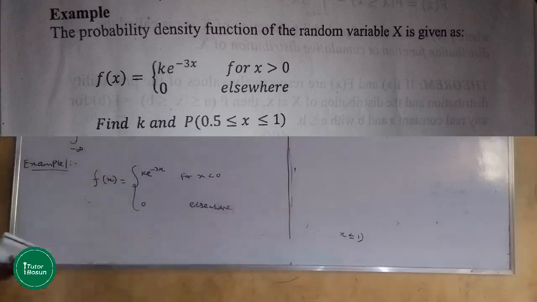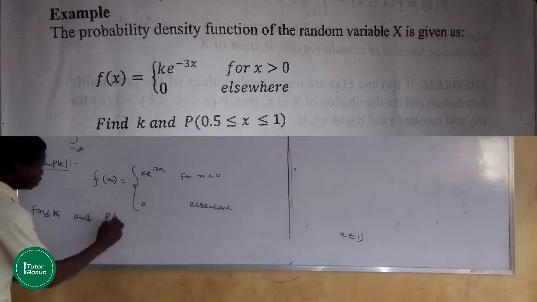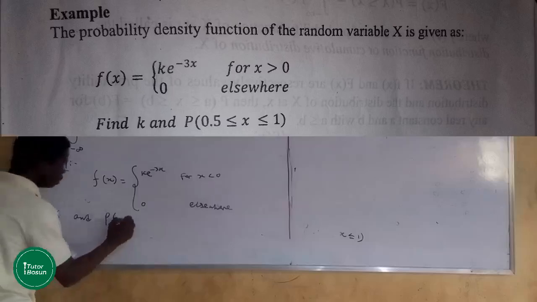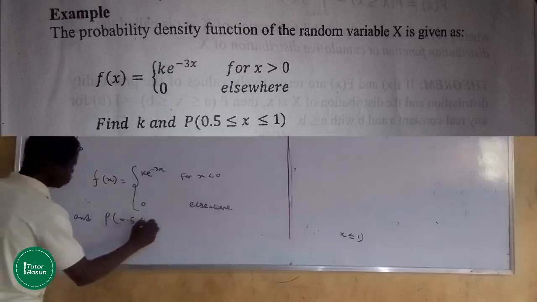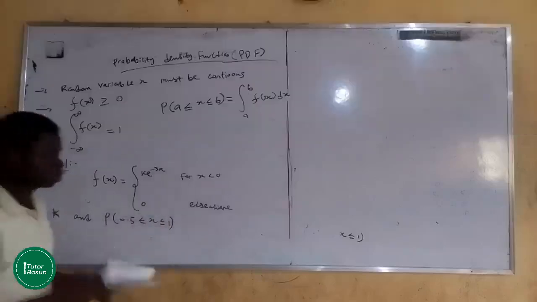We also have to find k, so make k an unknown. You're going to find k first before using that probability function. And we also have to find the probability, that is, use this probability function to solve the probability of 0.5 less than or equal to x less than or equal to 1.